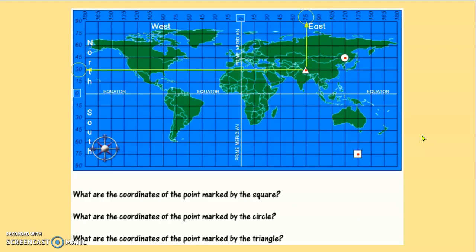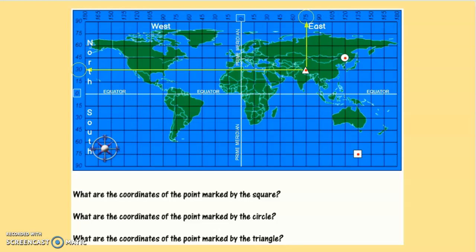And then the triangle, I bet you can find the measurement of the triangle. It is north of the equator, and it is east of the prime meridian. You're going to get to answer that question yourself in just a moment.